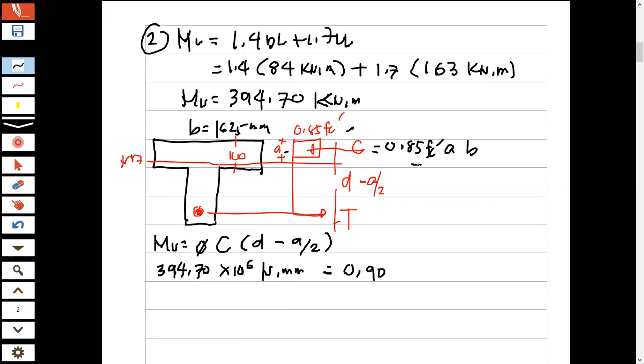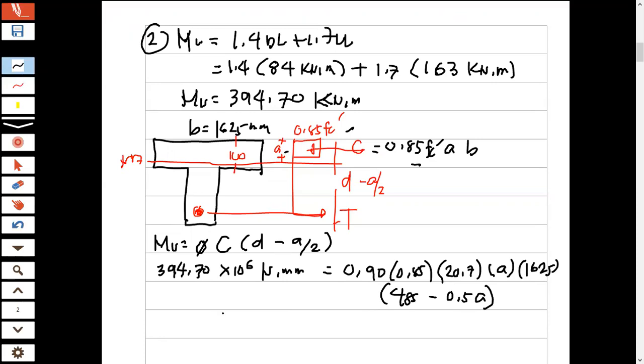C is equal to 0.85 times f'c, which is 20.7, times a, which we don't know, times b, which is 1625, times d minus a over 2. d is 485, given from the problem, minus 0.5 of a.